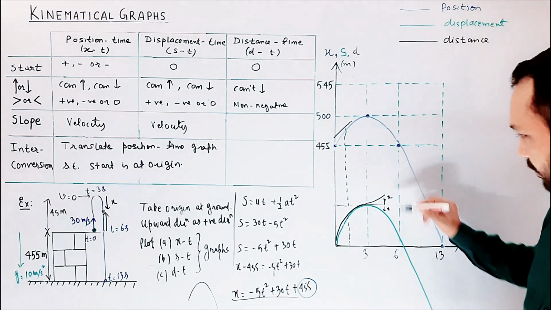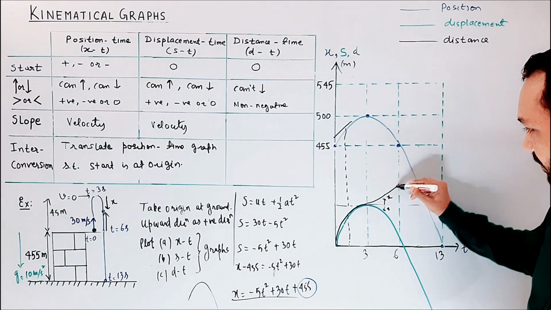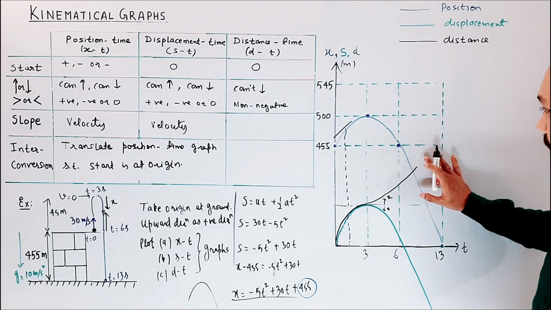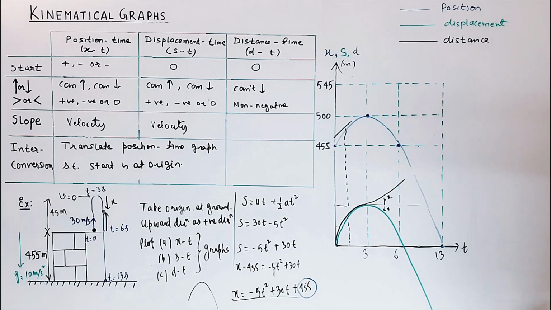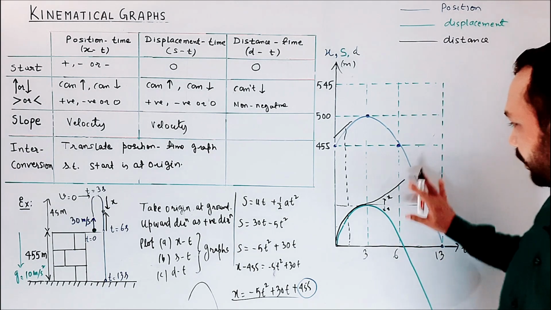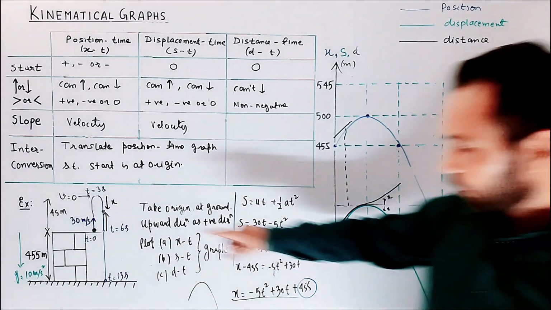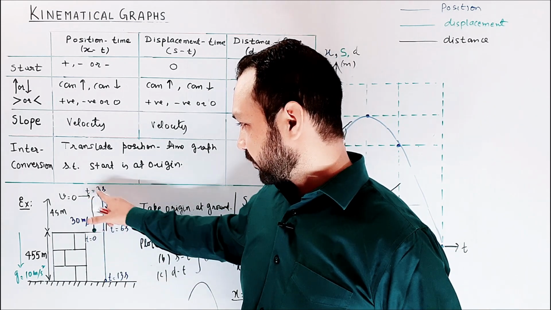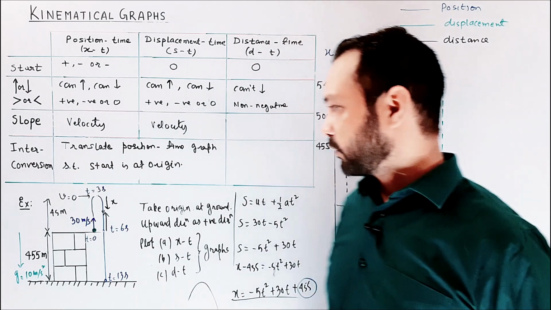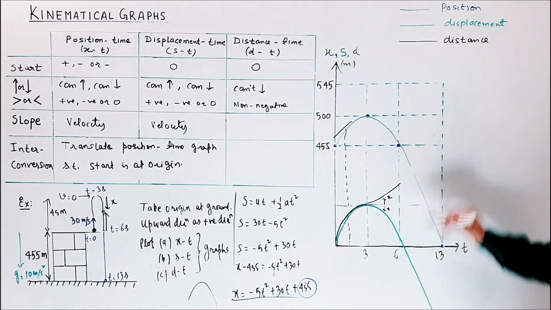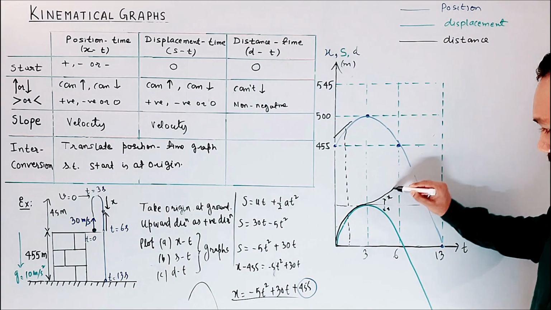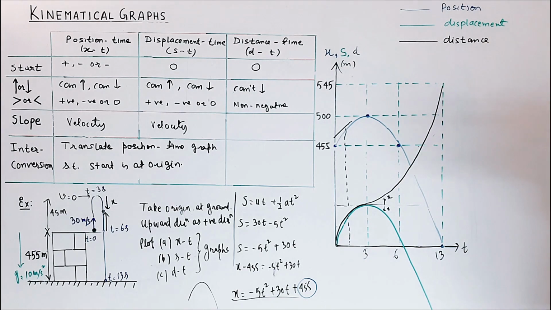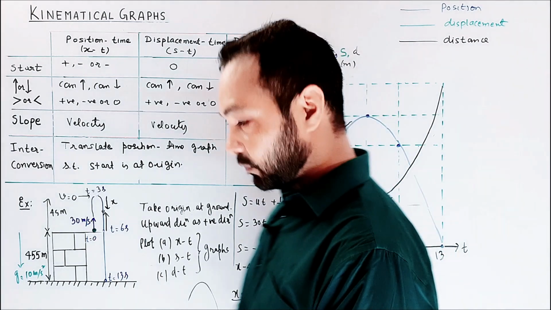So from this moment onward, the distance time graph would be like this, and overall the distance covered would be, this is 45, this is 45, this is 45, this is 500 plus 45, 545. So finally the particle will cover a distance of 545 meter when it reaches the ground.